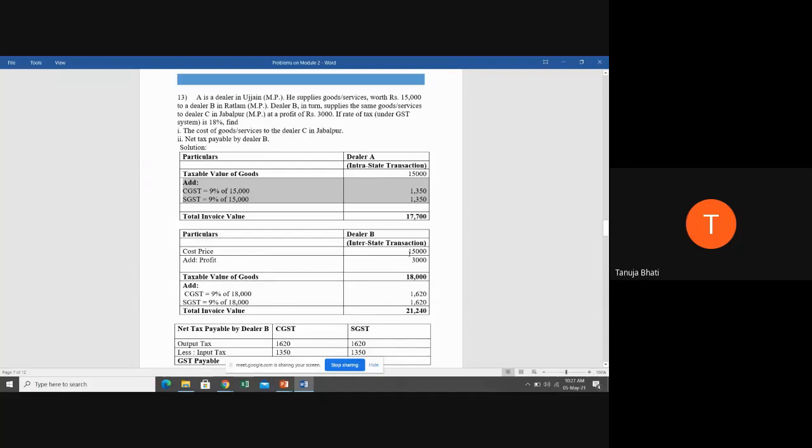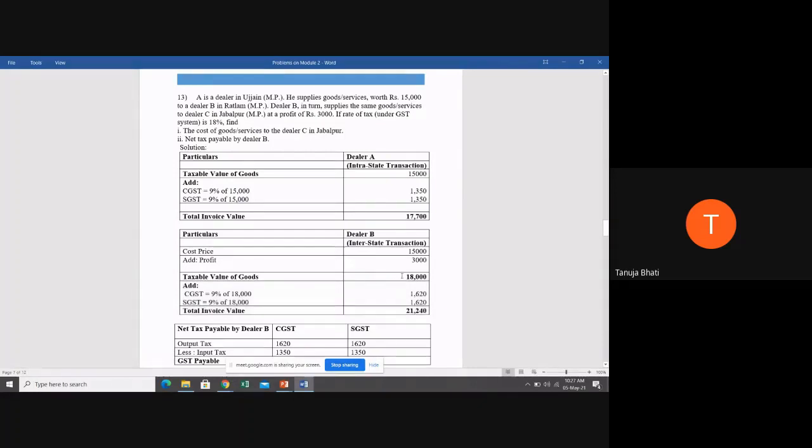So 15,000 is the actual cost to dealer B. In that, you add the profit, which is given here in the problem, the profit is 3,000 rupees. So the taxable value of goods becomes 18,000, and GST is always charged on the taxable value. So 18%, half goes to CGST, half goes to SGST. So 9% of 18,000 is 1620, 9% of 18,000 is 1620 under SGST.